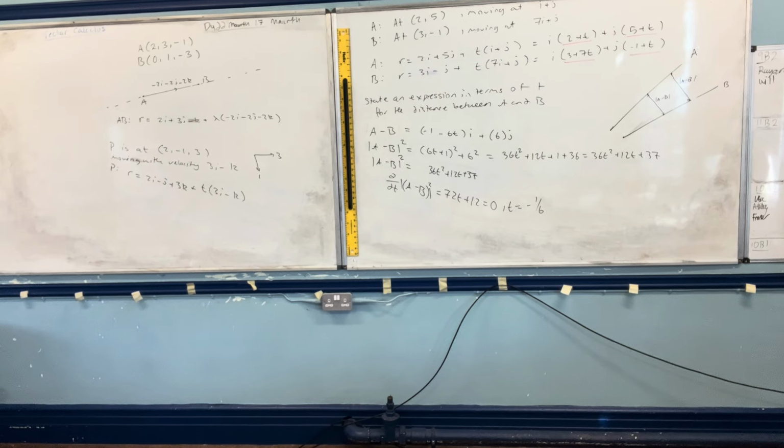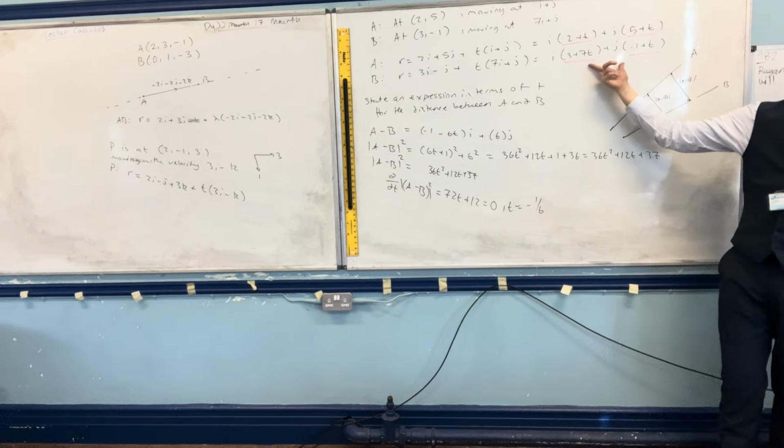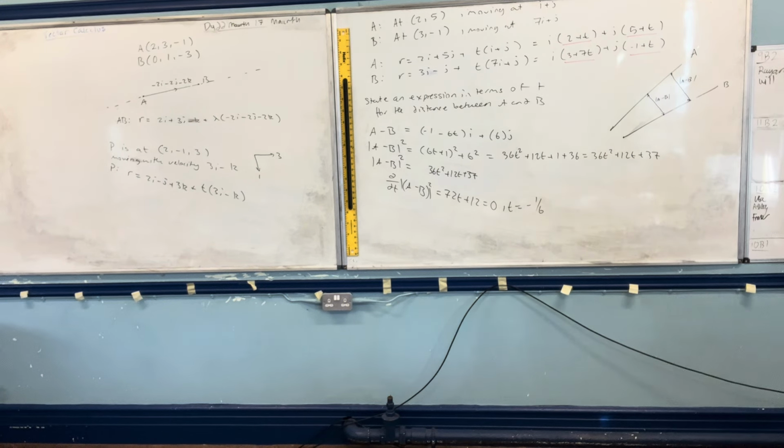So can you have a go at finding P and Q, please, using this technique I did up here. So you have to do this right here. Get them in the component form and equate them. Because they're on course to collide, you should be able to get two equations from it.